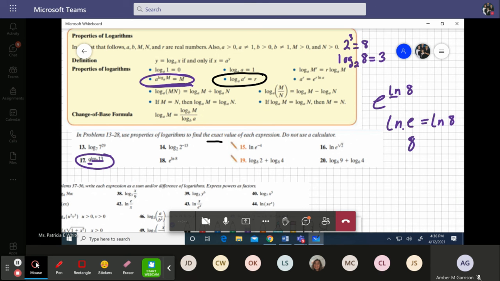Okay. When we talk about our exponent properties from days of old, a to the n times a to the m is where we add those exponents, right? Days of old right there have to have the same base.